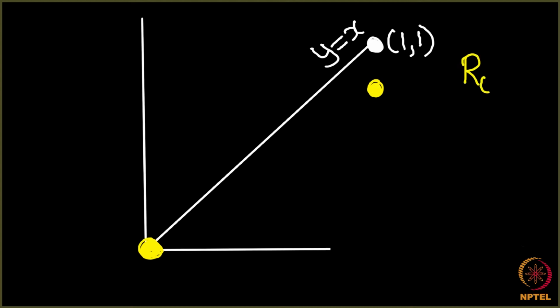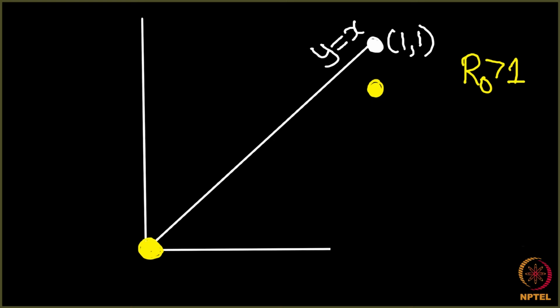Let's look at the first case, where R0 is greater than 1. We know that the slope of our function is going to be greater than 1. The line y equals x corresponds to slope equals 1, so a slope greater than 1 will go something like this.